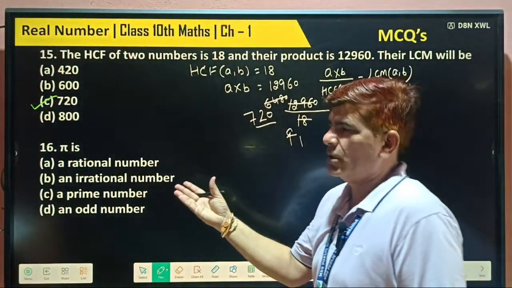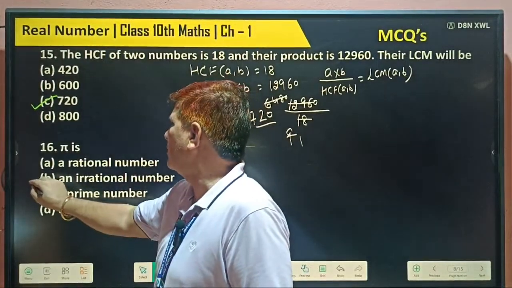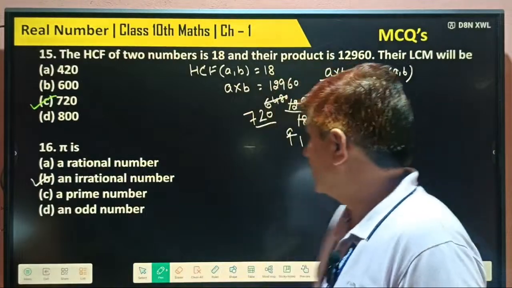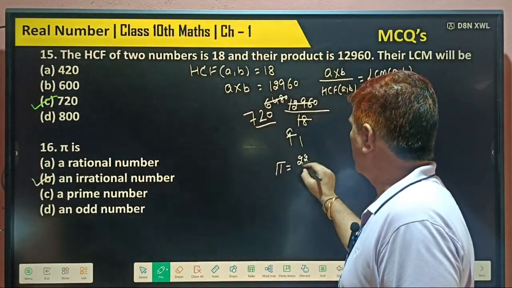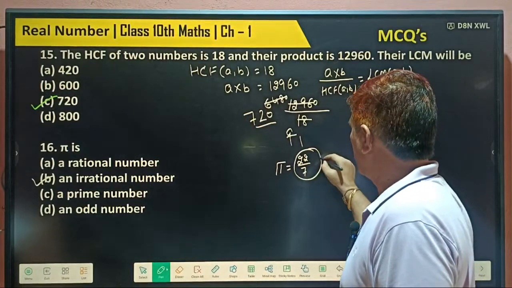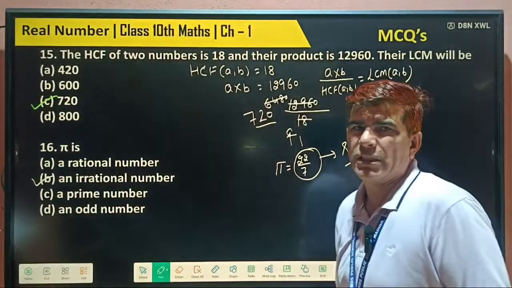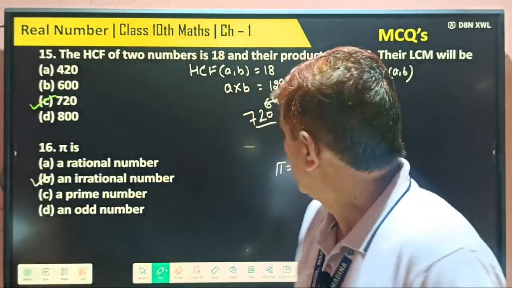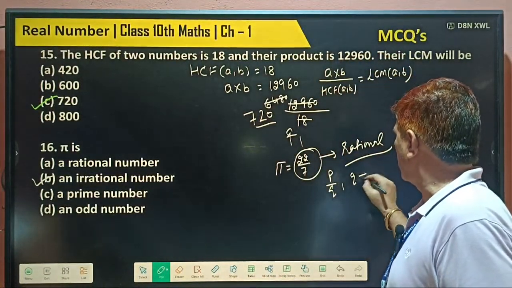Already I told you, once again written, pi is an irrational number. But you can say like this, sir, pi is equal to 22 by 7. 22 by 7 is rational. Why rational? Because it satisfies all the conditions of a rational number. What's the condition? P by Q, here Q is not equal to 0.